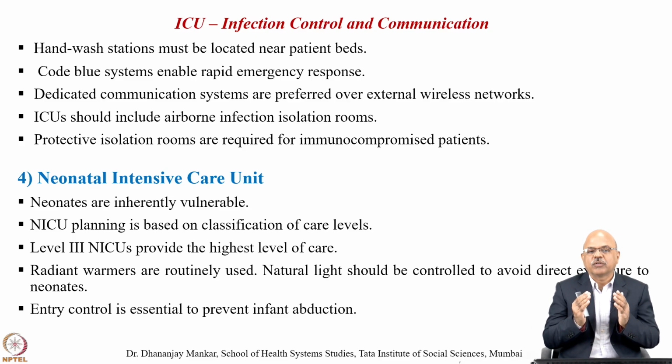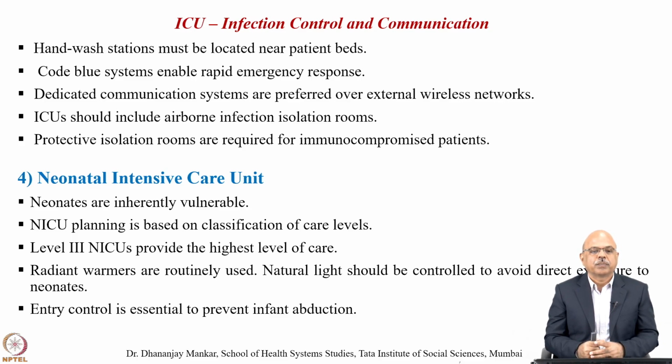Dedicated communication systems are preferred over external wireless networks, to communicate fast and deal with patient emergencies. The ICU should include an airborne infection isolation room, which is very important for a particular set of patients and infections that may involve a lot of contamination. Protective isolation rooms are required for immunocompromised patients who have comorbidities with respect to their infections.